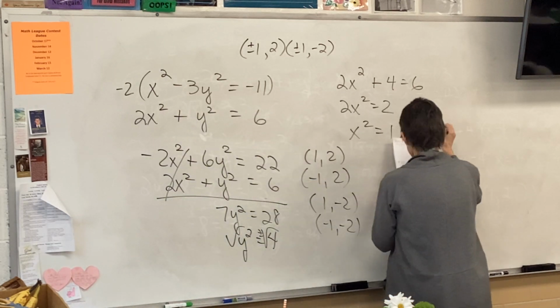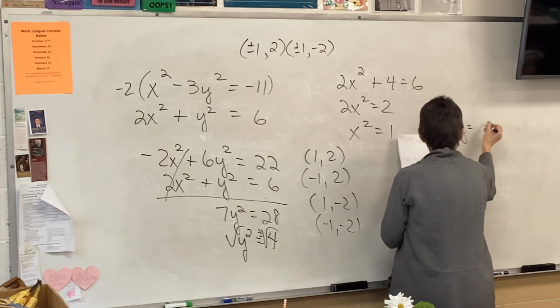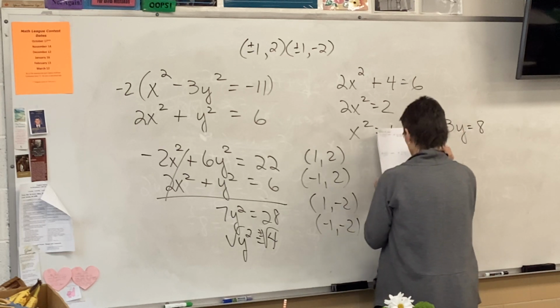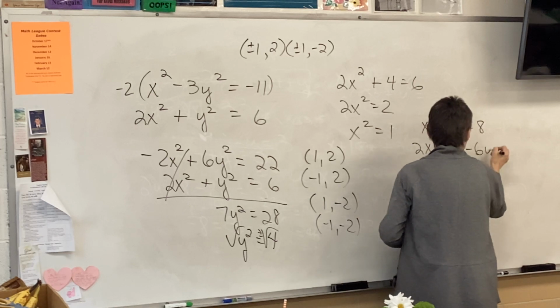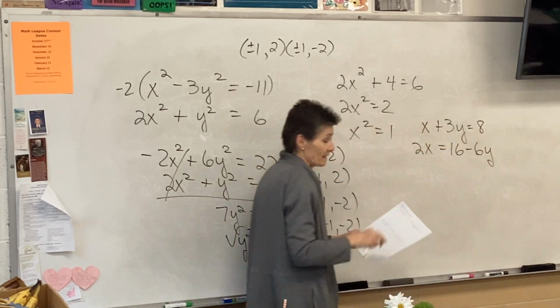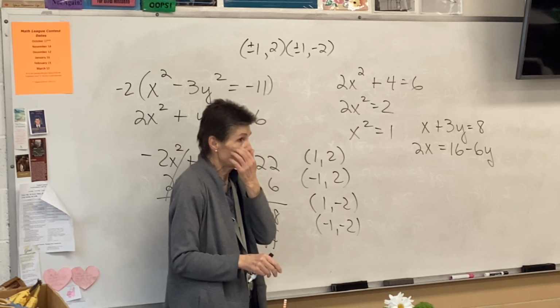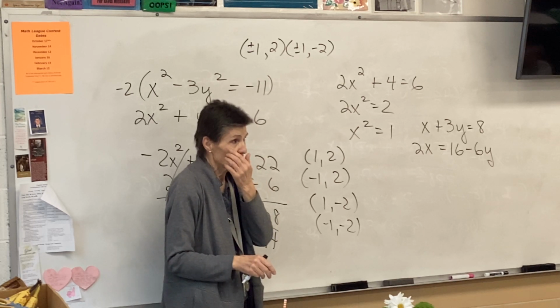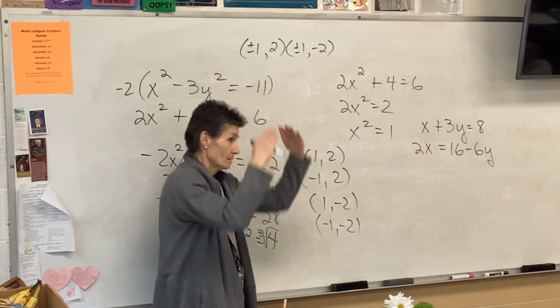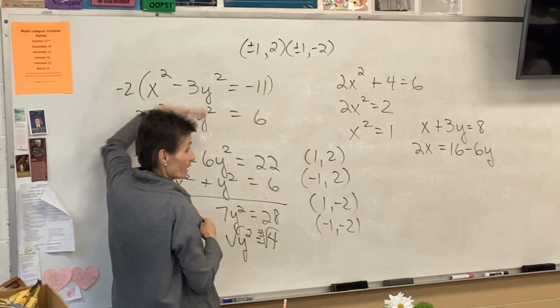All right, last one. Now be careful, we are eliminating. So what am I going to have to do before I even begin? Get things lined up. If I'm going to eliminate, they have to be lined up.